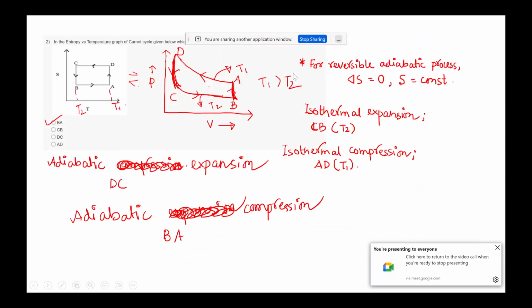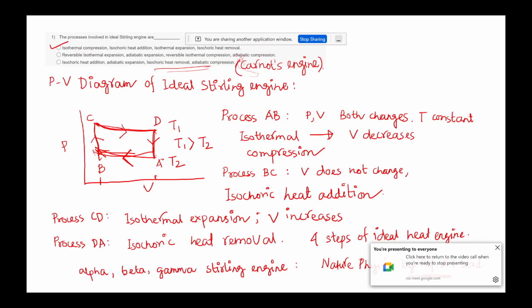First, we identified the cyclic processes and each process in that cycle for the Stirling engine, and we came to know there are different kinds of Stirling engines. In the current research scenario, different kinds of Stirling engines have been implemented using different kinds of systems.